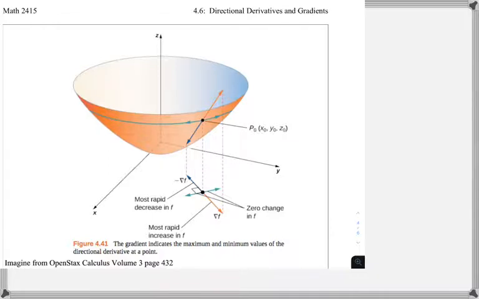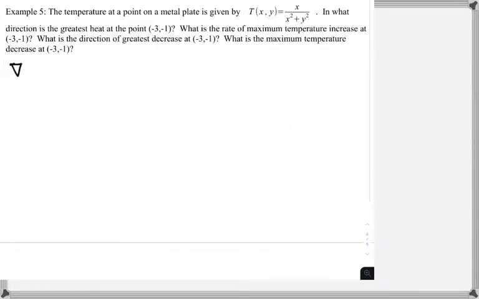Okay, so let's look at an example here. It says the temperature at a point on a metal plate is given by T of x comma y equal to x over x squared plus y squared. In what direction is the greatest heat at the point -3, -1? So the direction of the greatest increase, we're going to be looking for the gradient.